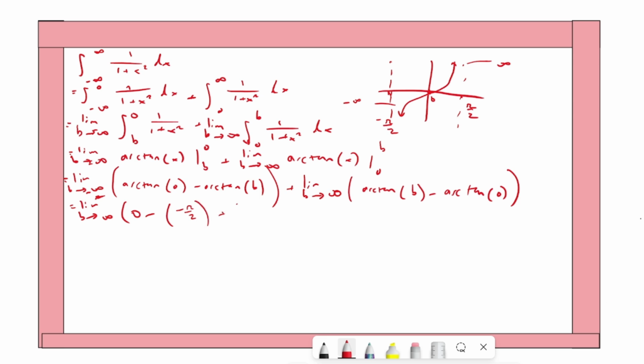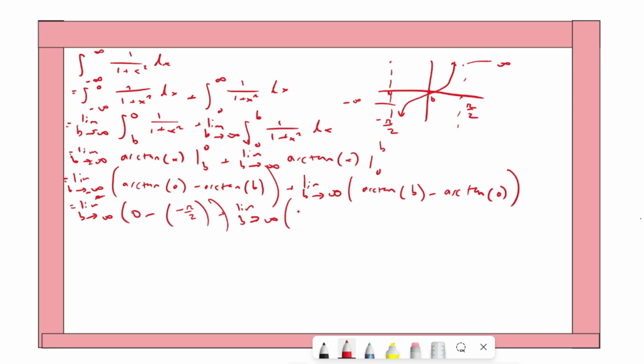And then we have the limit as b approaches infinity of this other part. So now we have the arctangent of b, which is infinity. It's pretty similar. If we go off to infinity, if our answer is infinity, what value of tangent is that approaching? Well, it's pi over 2. It's approaching pi over 2 if our answer is infinity.